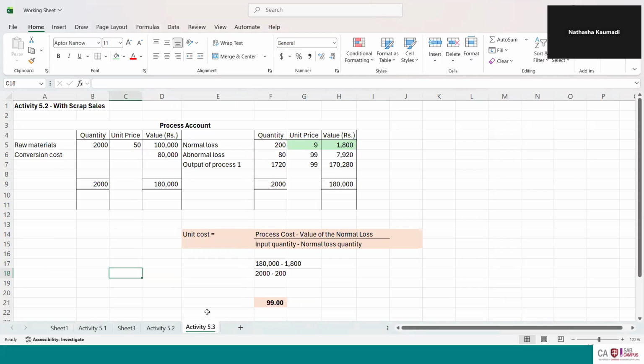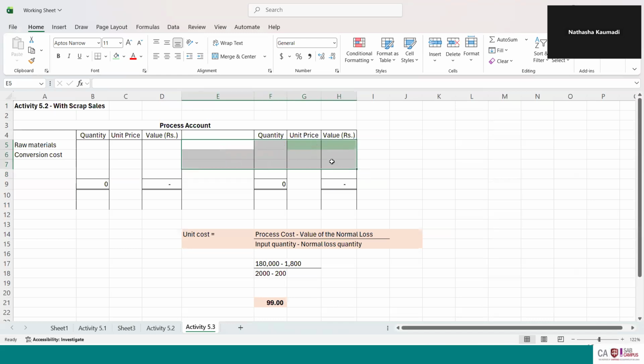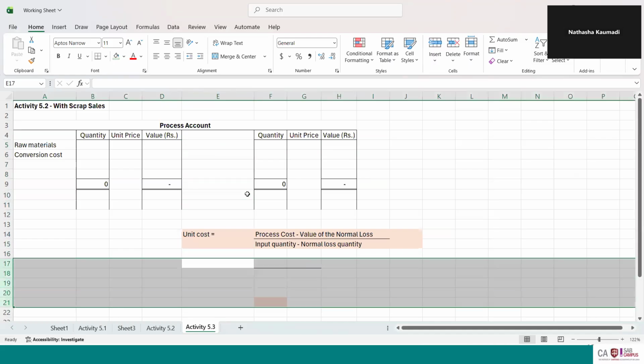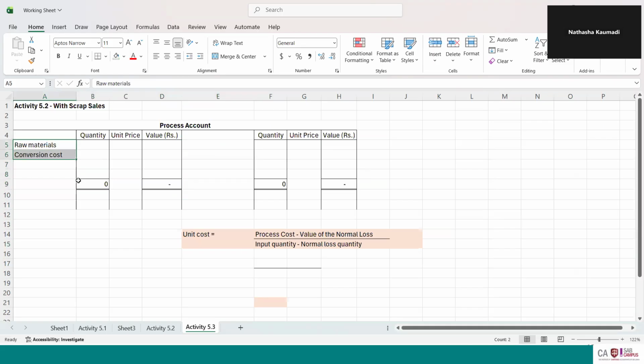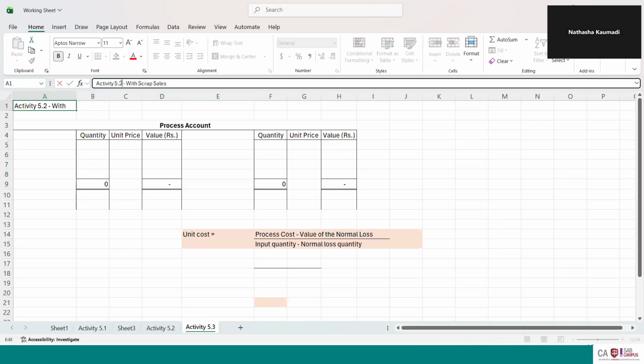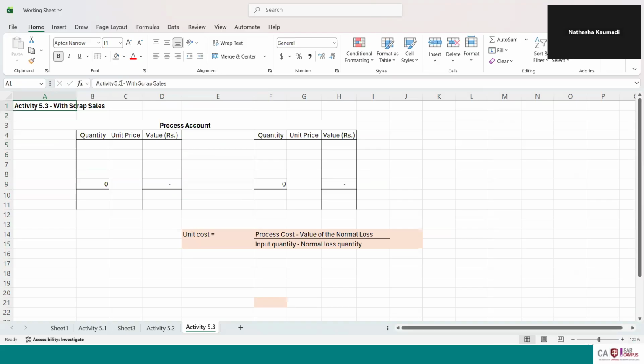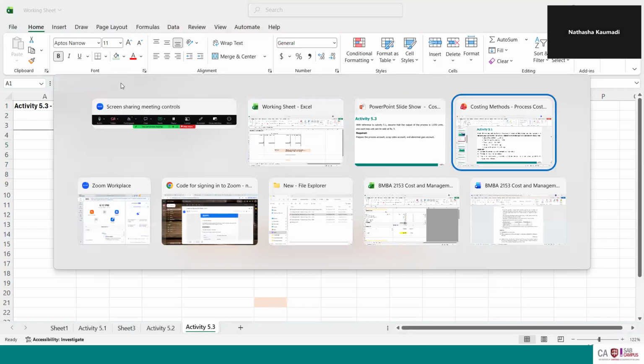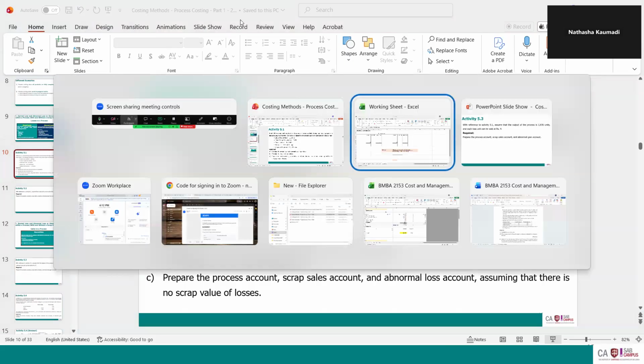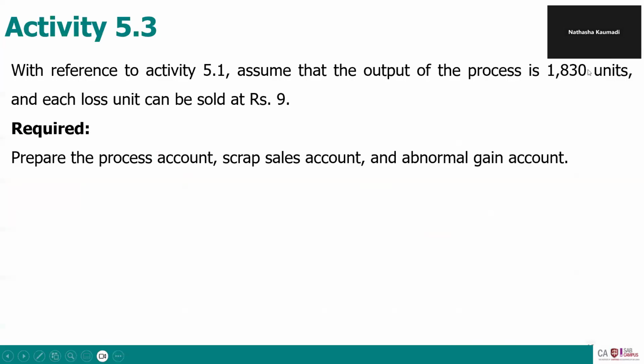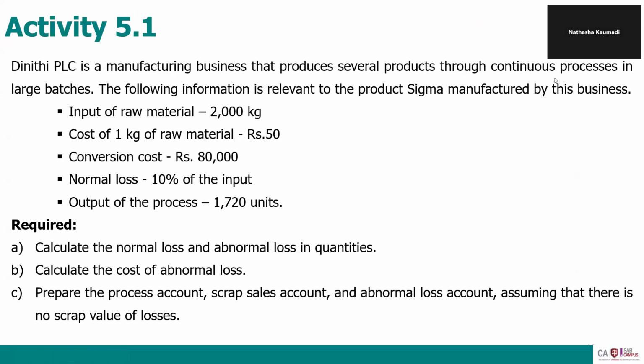I'm doing it with you so that you can follow me. Right. Activity 5.3. Now you understand, right? There are some differences in the question. Activity 5.1, the same activity, but the output of the process is different now. 1830. Right.